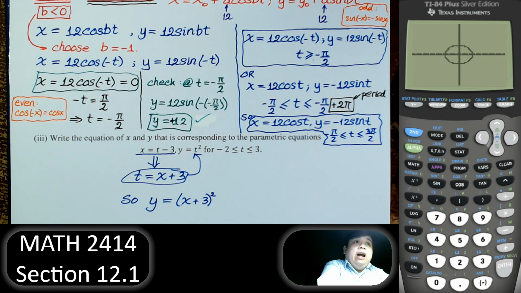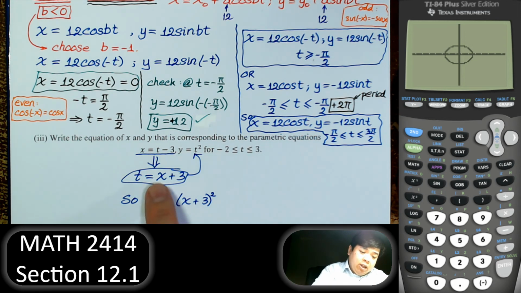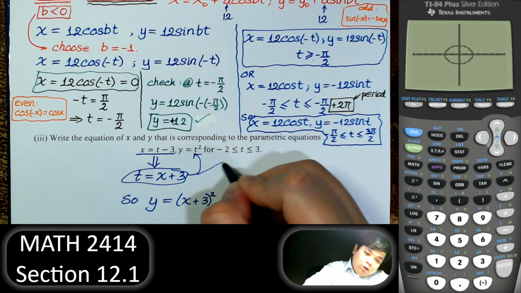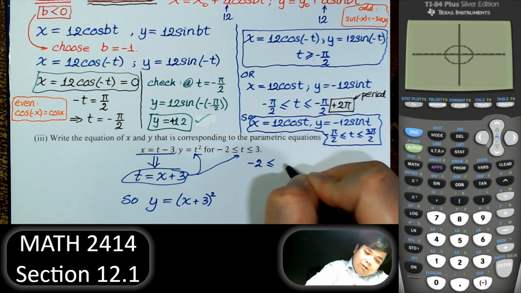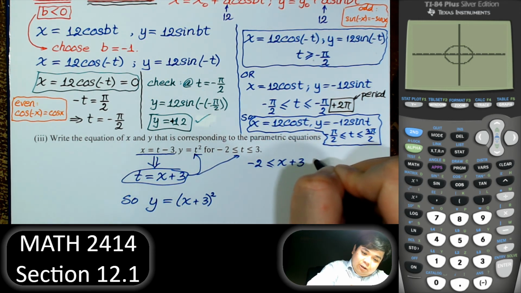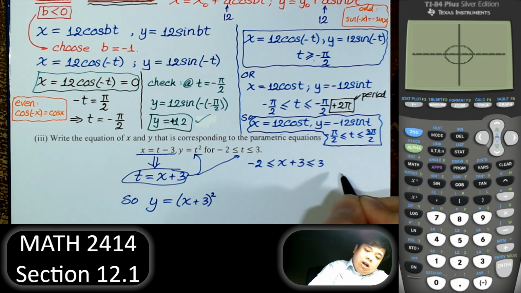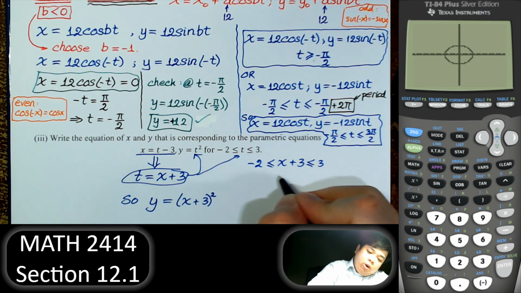Right? And we just need to specify the domain of the variable x, or even y still works. Anyway, t is x plus 3, so I'm going to put x plus 3 in here as well. I subtract 3 everywhere.